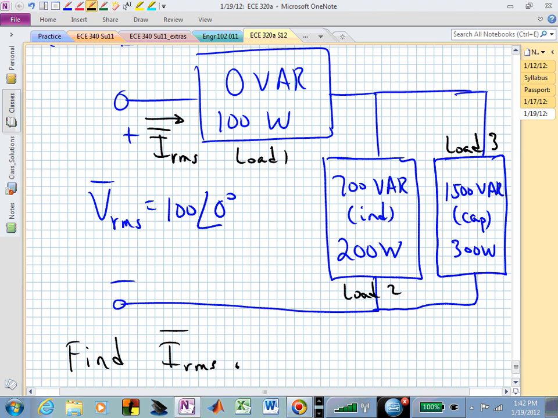And now you want to know what's the current that is needed to supply that much power to that system. And once you know the current, if you're the power company, you could figure out the complex power, and you could say, oh, well, I'm delivering so many watts with a certain power factor. And maybe you'll get taxed at a higher rate if your power factor is 0.8 or less, or maybe 0.9, depends on the power company.